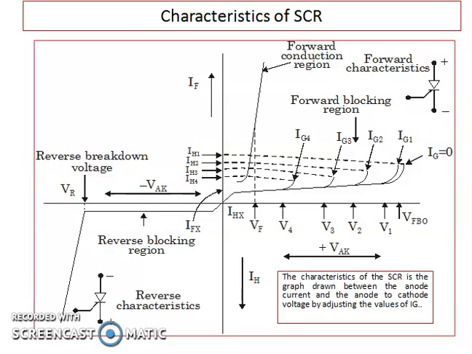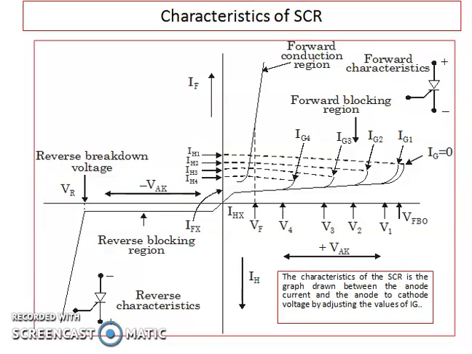And if the value of Ig is greater than 0, such as Ig1, Ig2, Ig3 and Ig4, where Ig4 is greater than Ig3, which is greater than Ig2, which is greater than Ig1, we find that the current conduction will start at a somewhat earlier place, or the breakover takes place at a somewhat earlier place. And we call the currents IH1, IH2, IH3 and IH4 the holding currents for the corresponding values of Ig.